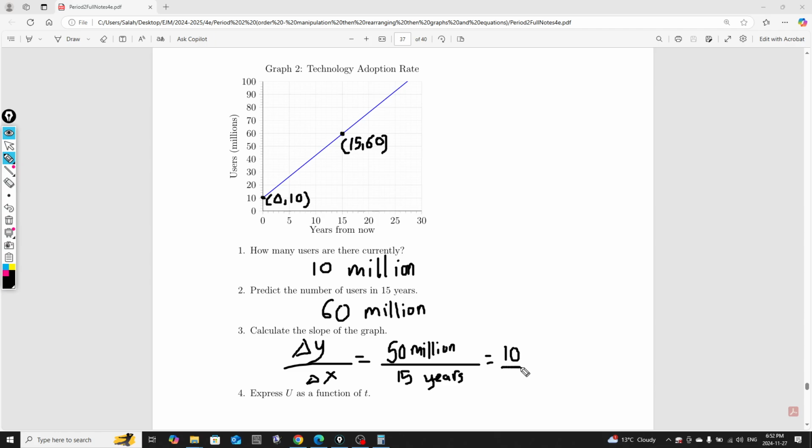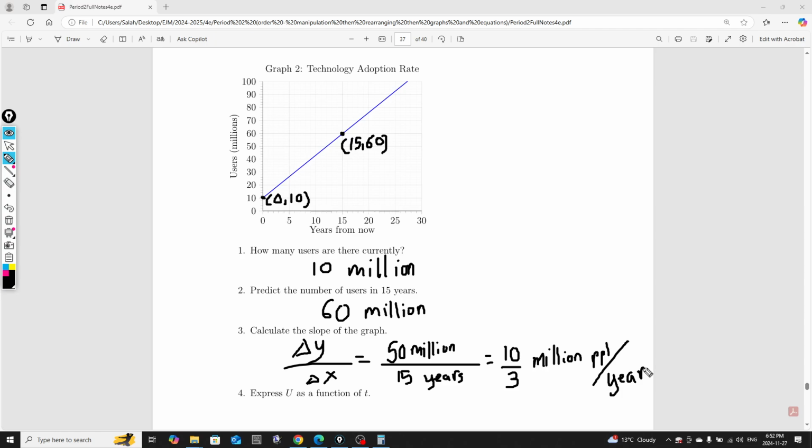I get 10 over 3. And I could express this as a decimal. It would be repeating, right? 3.3 repeating. Or I can just leave it as a fraction. I'm probably just going to leave it as a fraction. Why not? So 10 over 3 million people. Oh, is that users? Okay, so million users, same thing, doesn't really matter, per year.